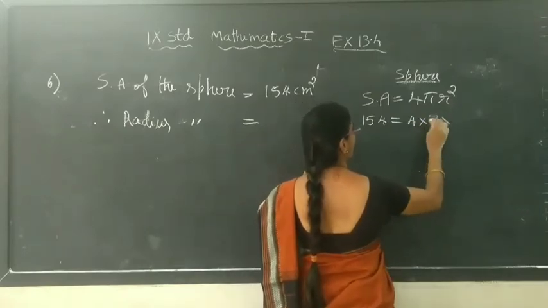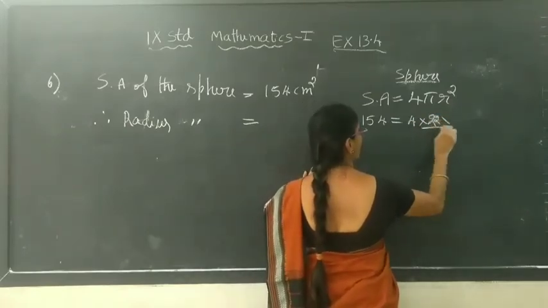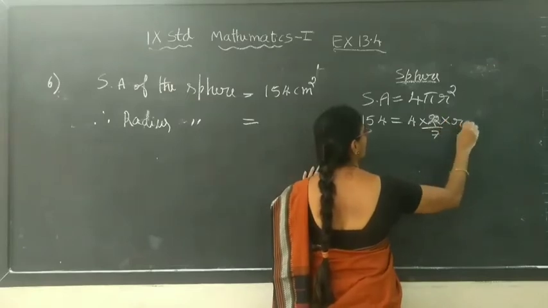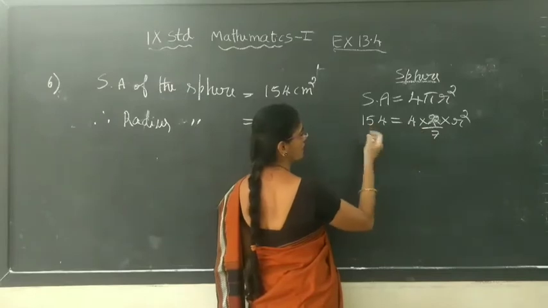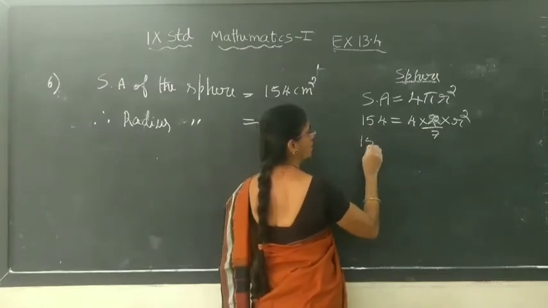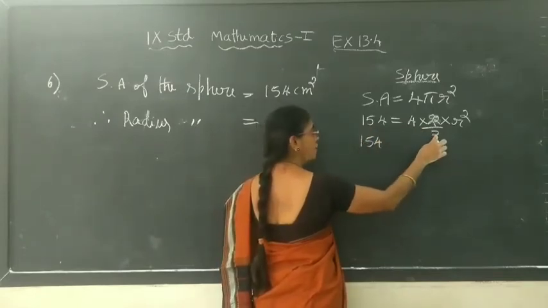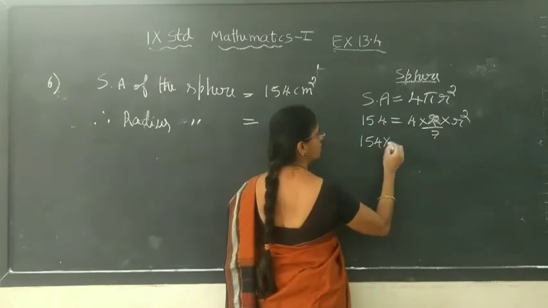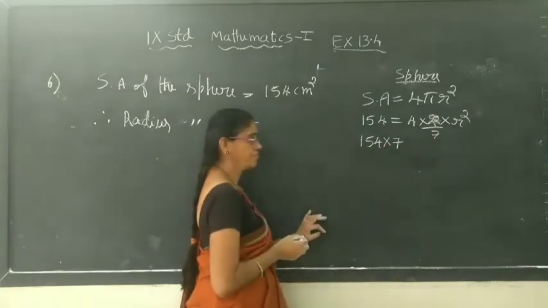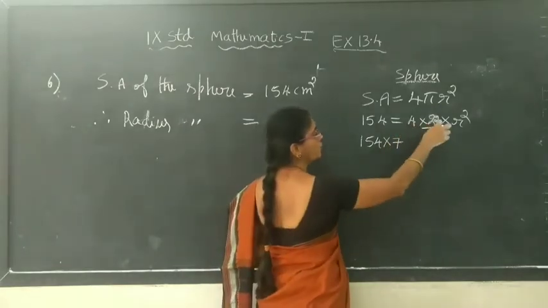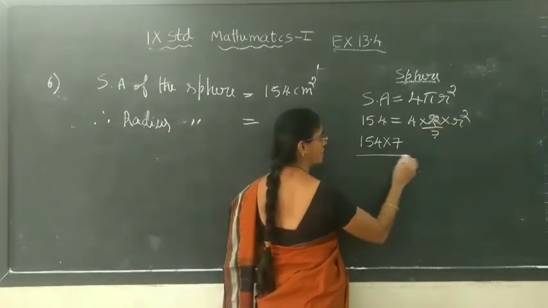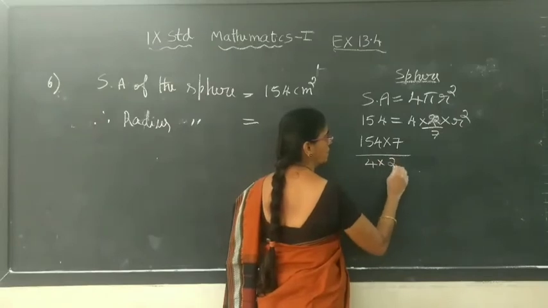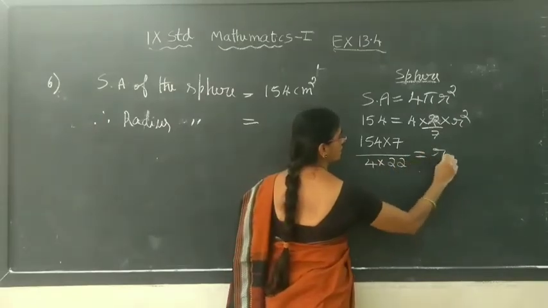Pi value we will write 22 by 7 into r square. Now we will bring the values to this side. 154 divided by 7, it will change into 7. Then it is 4 into 22, then into r square, the multiplication will change into divide. So it is 4 into 22 is equal to r square.